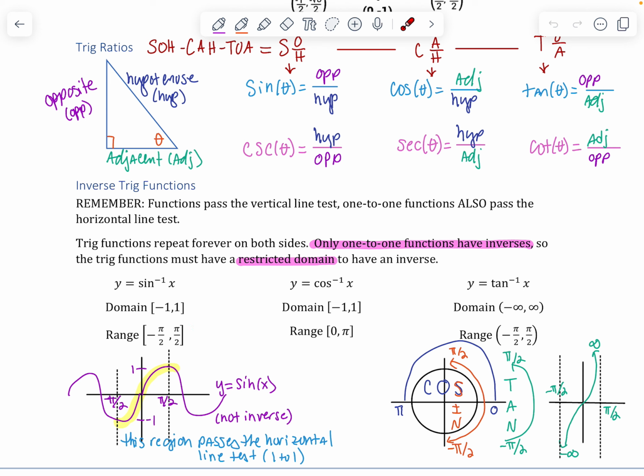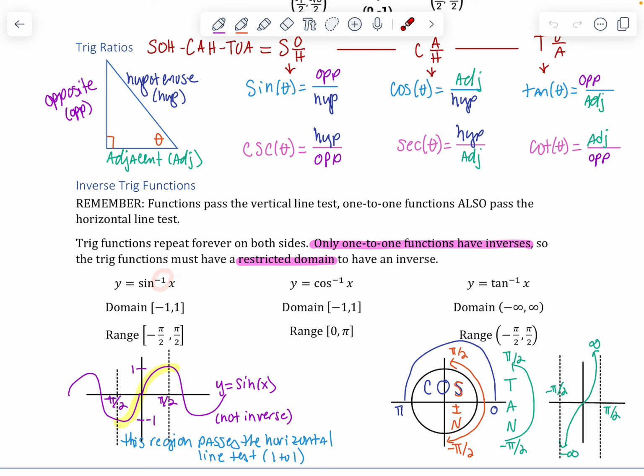So my sine function, if I only use inputs from -pi over 2 to positive pi over 2, I just have this highlighted region, and everywhere on that highlighted region, I pass the horizontal line test. If I restrict the input of the sine function, then its output is only going to reach as high a value as +1 or as low a value as -1.